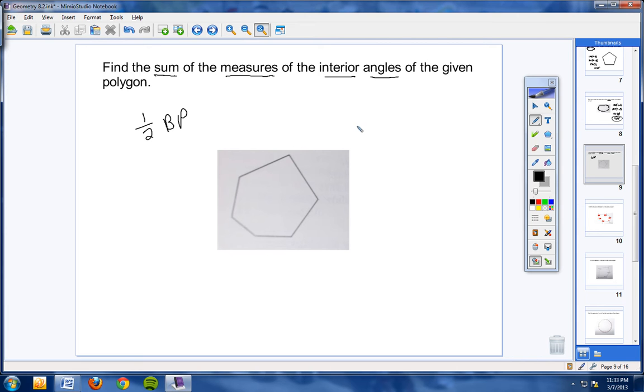Take your time, see if you can figure this out. Find the sum of the measures of the interior angles of this polygon.